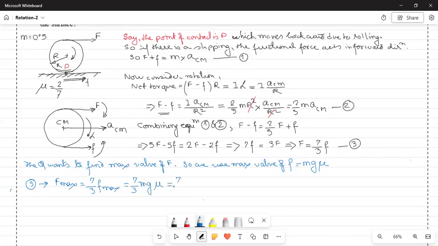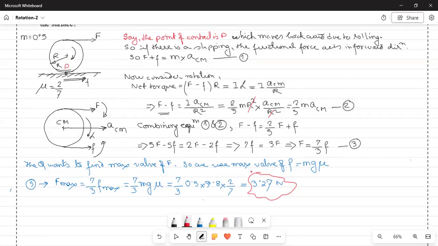Substituting, 7 by 3, m is given 0.5, the mass of the sphere, multiplied by g which we consider 9.8, mu is given 2 by 7. If you calculate this with a calculator, you will find it is 3.27 Newton. And so this is the answer they wanted you to find out. So the maximum force that can be applied here is 3.27 Newton.